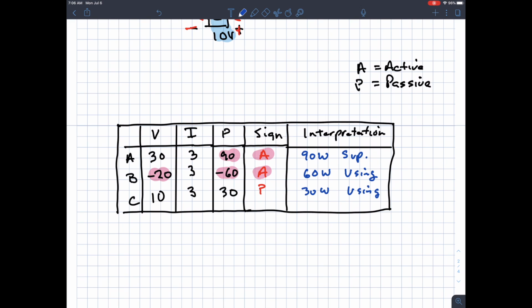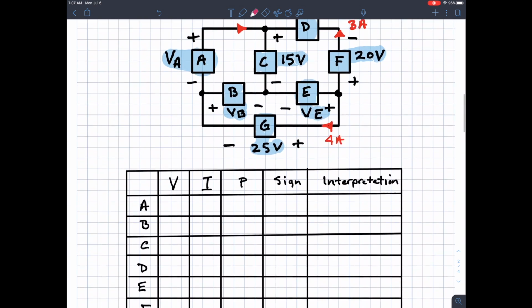Conservation of energy and power suggests that the supplied should equal the used. We can verify that 90 watts is supplied, and 60 plus 30, which is 90, is used. Okay, so I want you to do this for a larger problem.